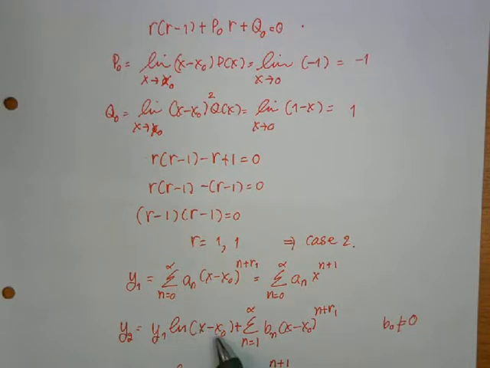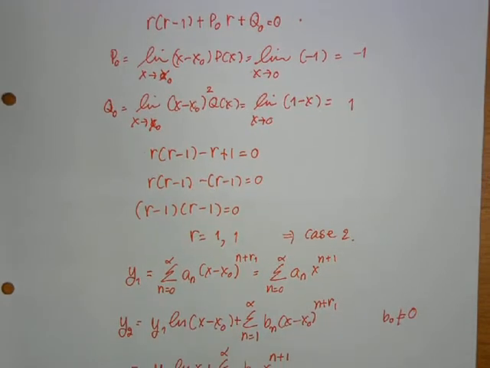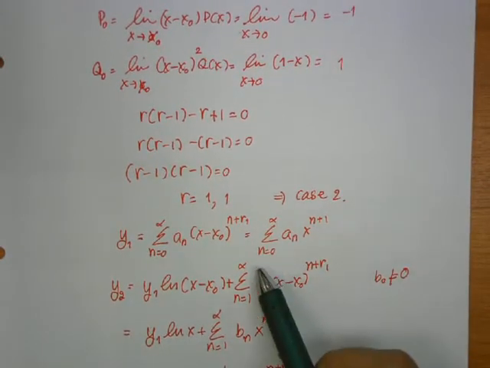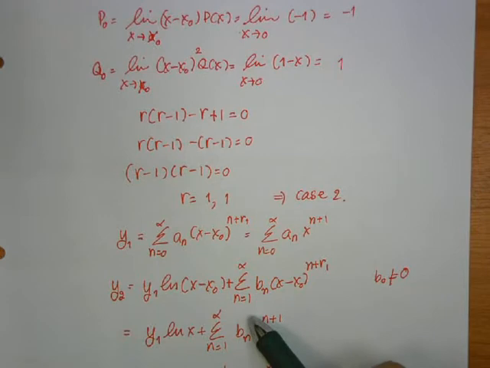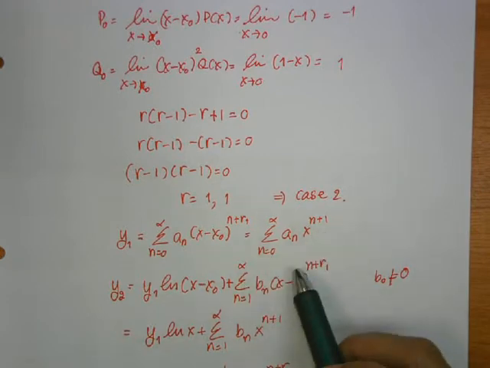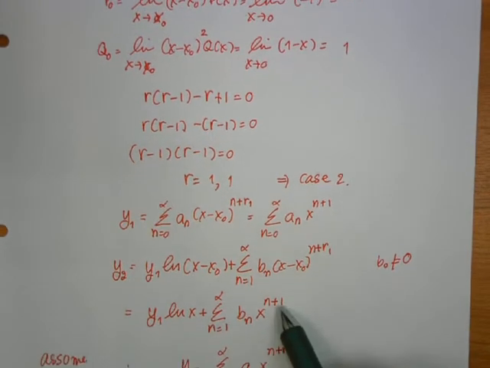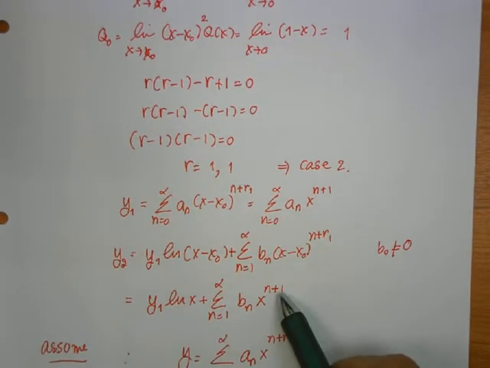Now x0 is equal to 0, so you get y1 ln x. And the second term is the summation, n starting from 1 to infinity, of b_n times (x minus x0) to the power of n plus r1. Now our x0 is equal to 0, so you would get b_n x to the power of n plus 1.